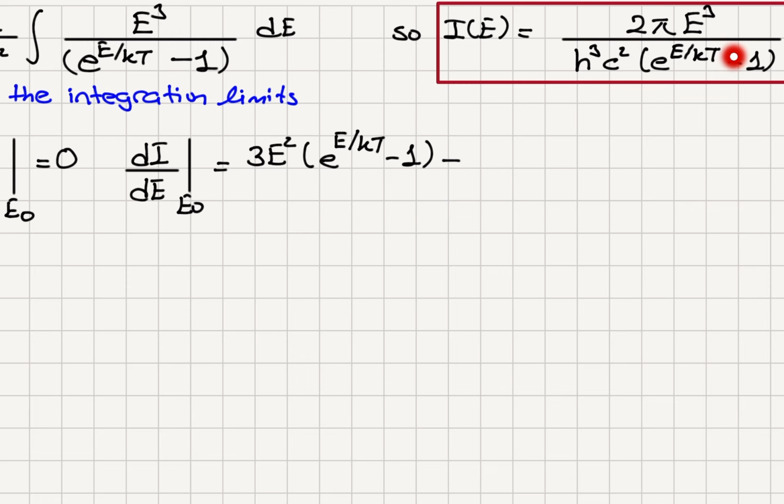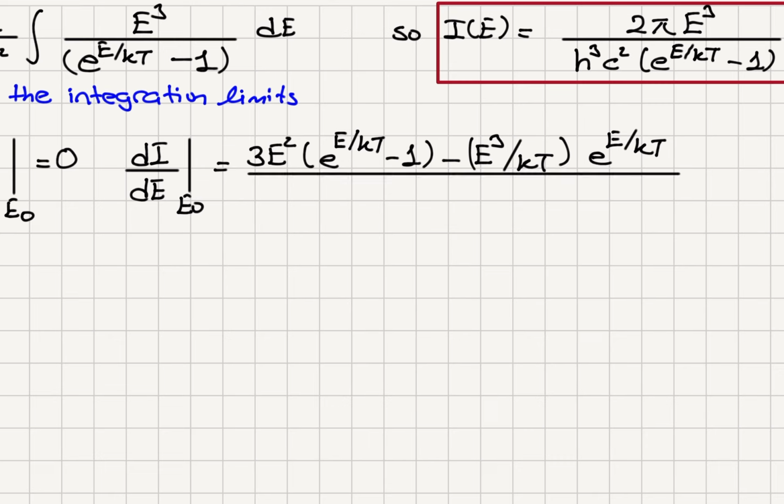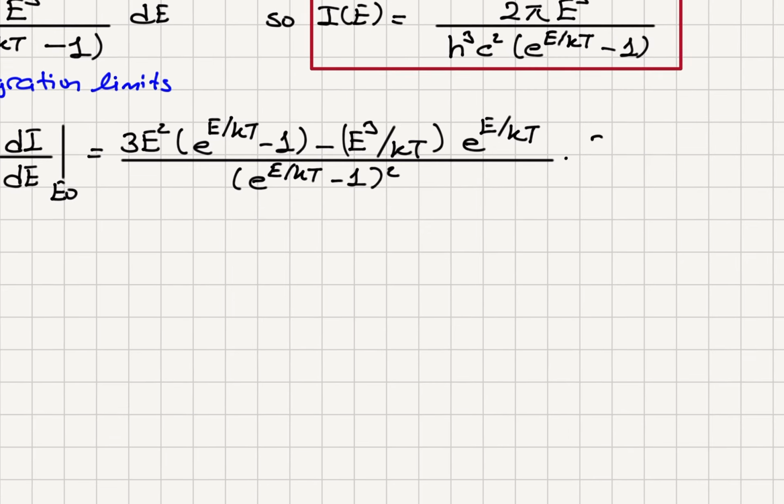We have the derivative of the top, which is 1 over kT. So we will have minus e cubed divided by kT times e to the exponential e over kT, divided by the denominator squared, e to the e over kT minus 1, squared, and then we have this constant factor here, 2 pi divided by h cubed c squared.